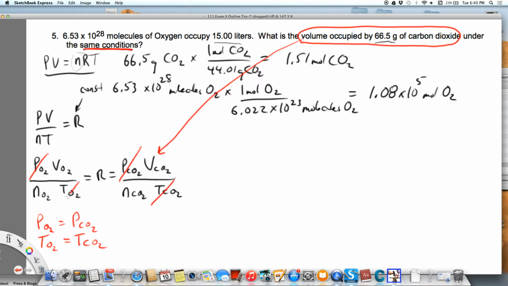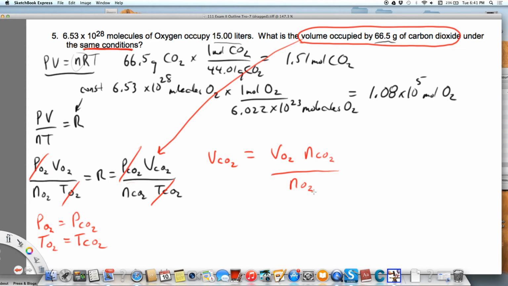So those cancel out. So now things have gotten fairly simplified. The volume of CO2, what's left? Well, we've got the volume of O2 times, we're going to move the moles of CO2 up here, moles CO2, divided by the moles of O2.